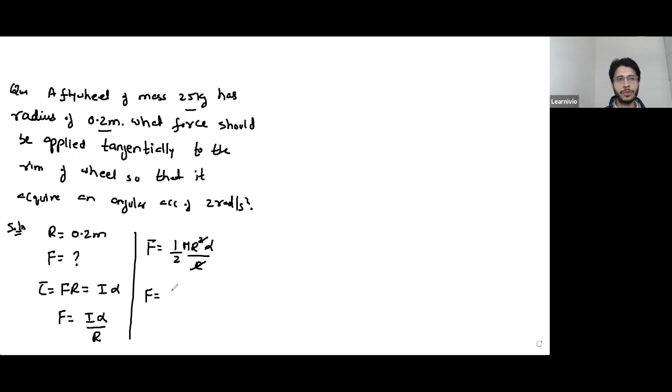The F comes out to be m r alpha by 2. The force comes out to be, the mass is 25. The radius is 0.2. Your alpha is given 2. So it's 5 Newton.